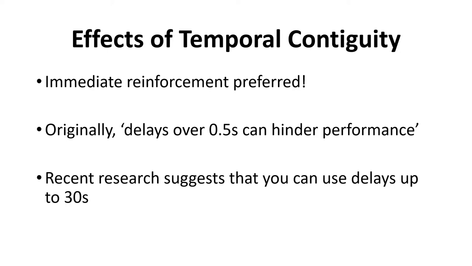But more recent research has suggested that you can actually use delays as long as 30 seconds without significantly damaging that association. I will state that up to 30 seconds is with a little asterisk at the end, saying under ideal conditions.